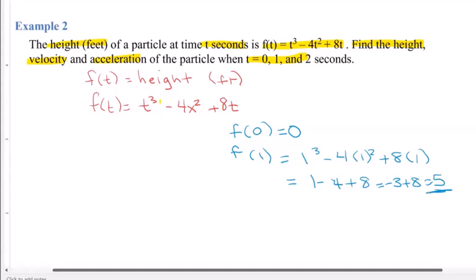Okay, that's the height of the function at 1 second, and f of 2 is equal to 2 to the third power. And this is not an x, it's t.